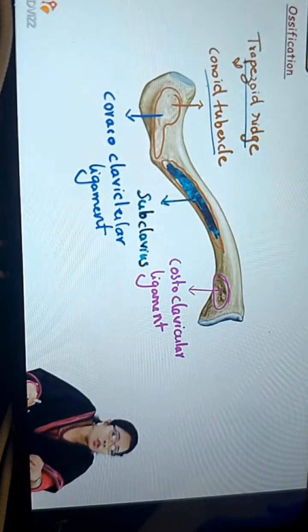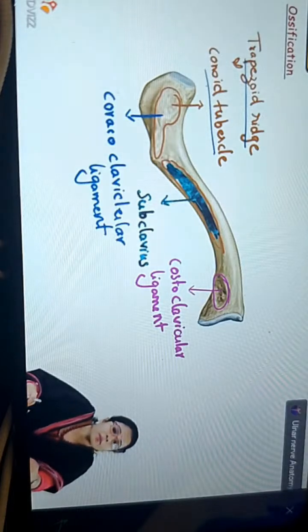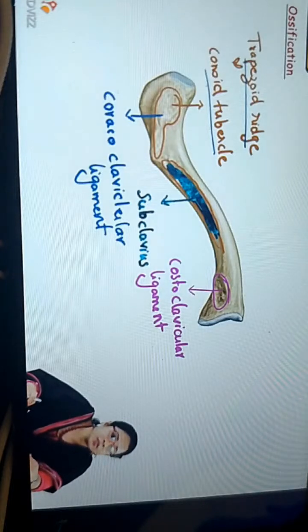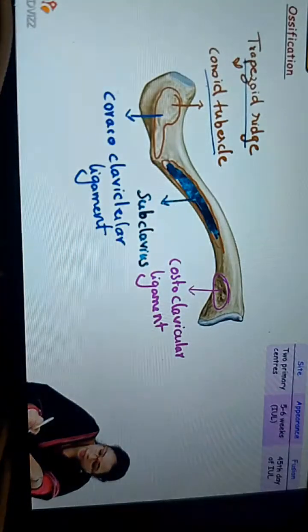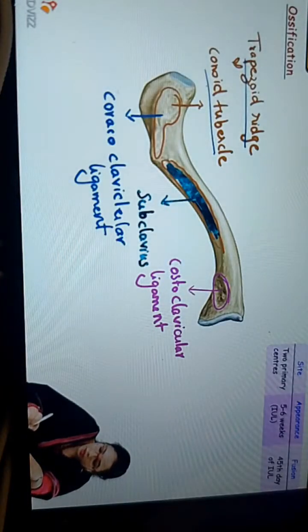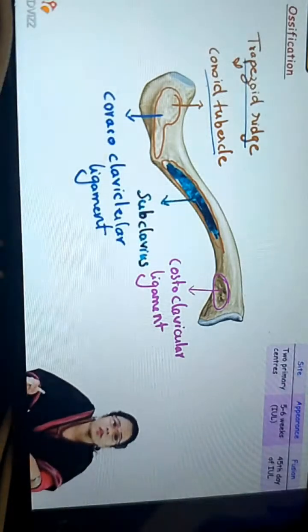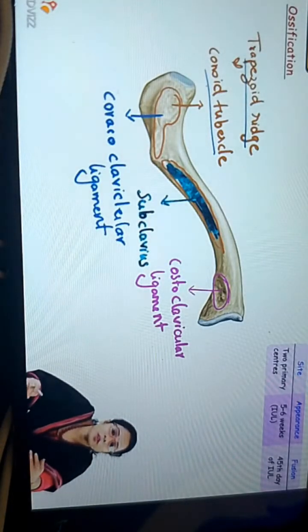Let's talk about ossification of the clavicle, because it is the first bone to start ossifying in the body. There are two primary centers, which appear in the medial and lateral parts of the shaft, usually during the 5th to 6th weeks of intrauterine life, and both fuse by the 45th day of intrauterine life.